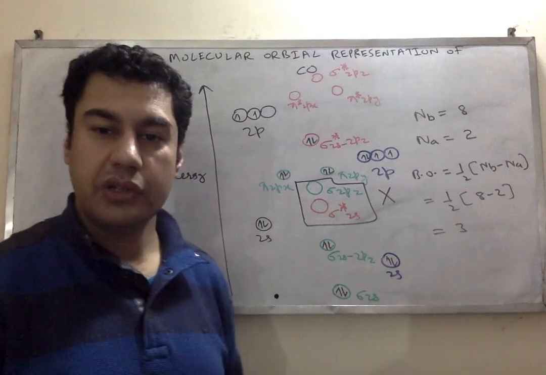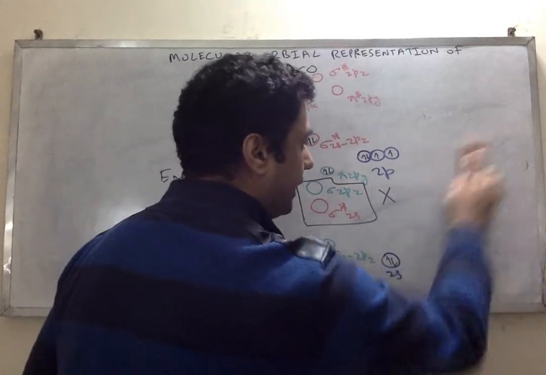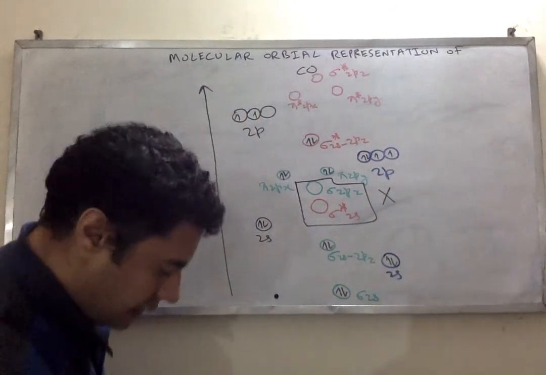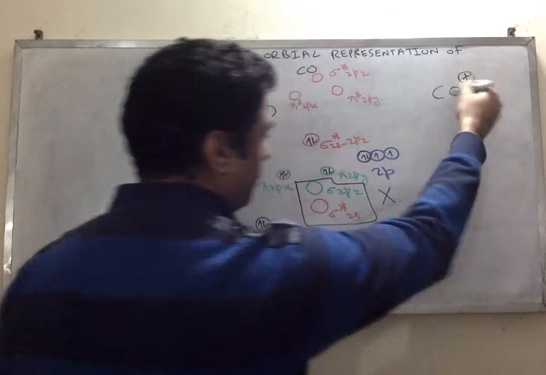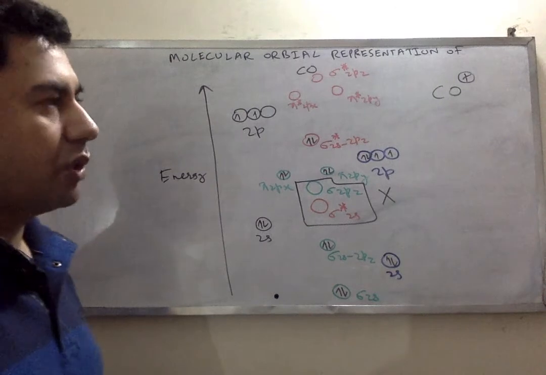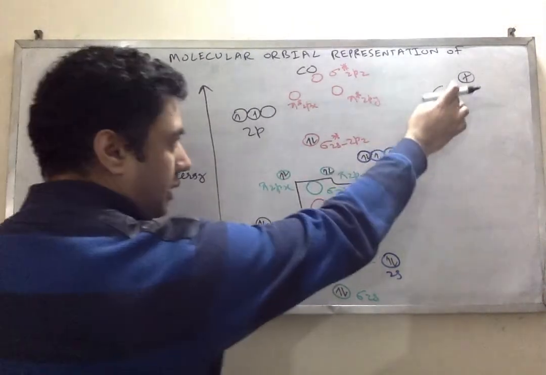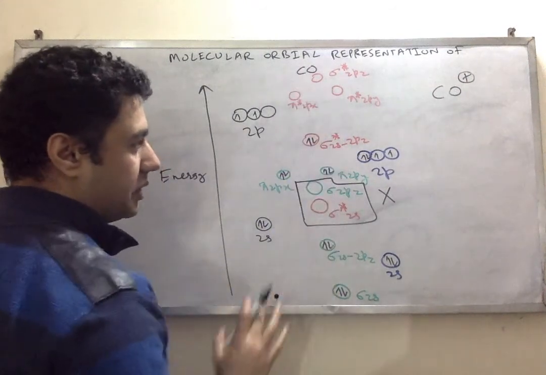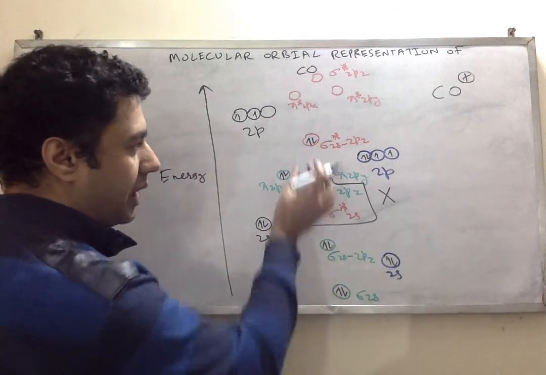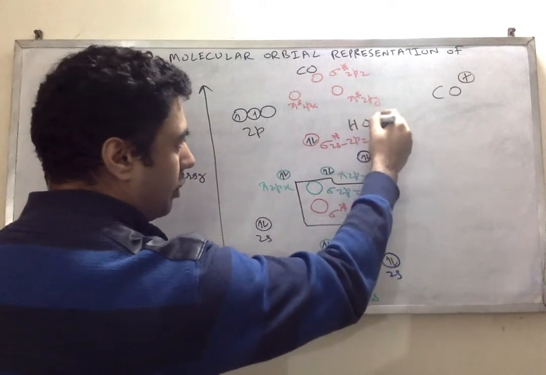Now comes the next interesting step, which is finding the bond order in CO+. CO+ is basically carbon monoxide whose one electron has been pulled out. In order to obtain CO+, we first need to remove an electron from CO, and this can be done by removing the electron from the highest occupied molecular orbital.